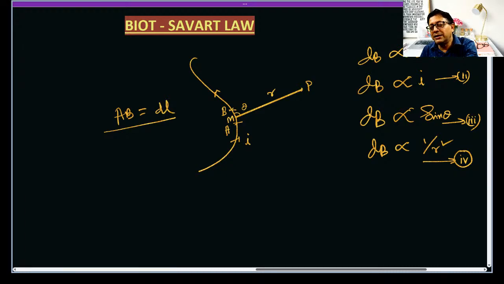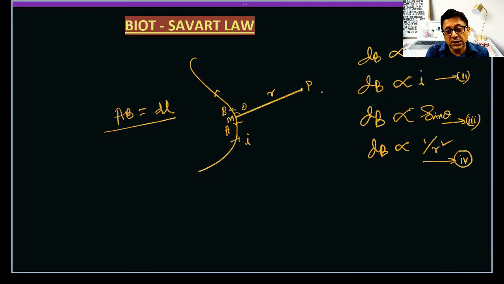And where there is an inverse square law, the force is going to be conservative. Conservative force means what? In a loop, the total work done will be 0. That I will explain one by one. First, let us know this Biot-Savart law.